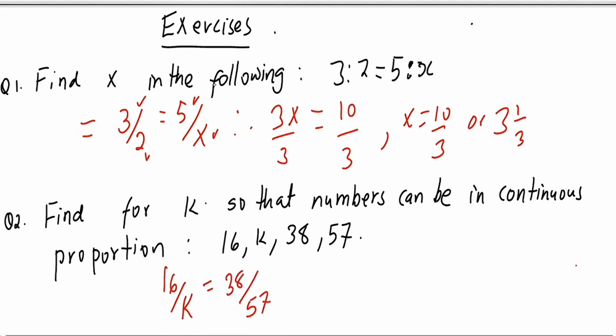So cross multiply again. 38 times k gives you 38k, and 16 times 57 gives us 912. So divide by 38. Therefore k is equal to 912 divided by 38, which gives you 24. So your k is just 24.